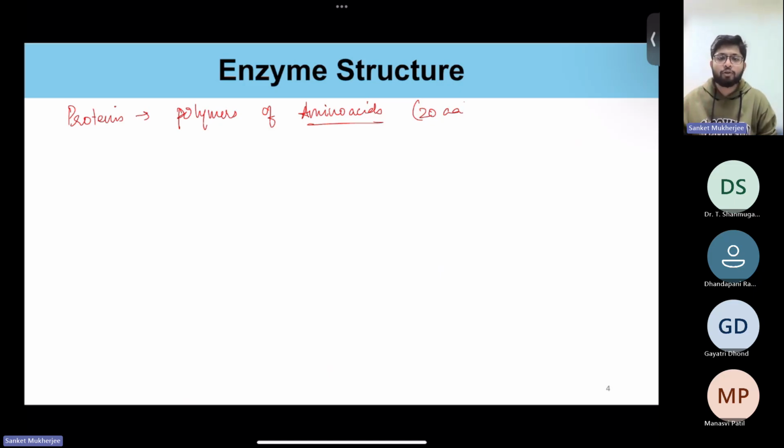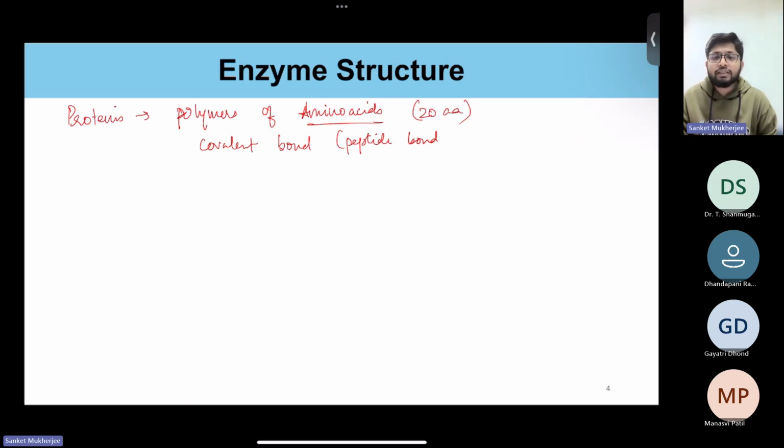There are a few more modified amino acids, which are very rare, but 20 amino acids are usually all it takes to form a protein. These amino acids are joined by a covalent bond, which is called the peptide bond. This is very important.